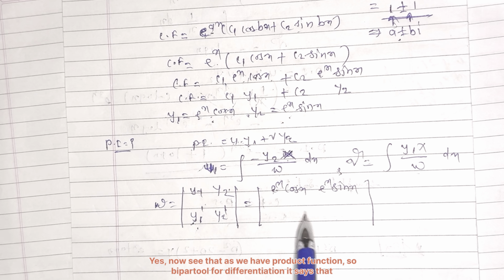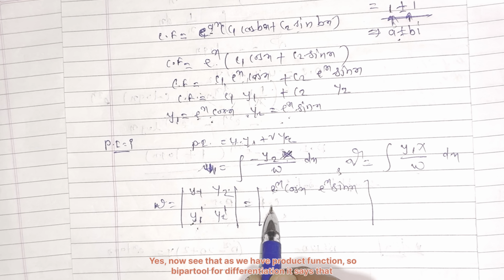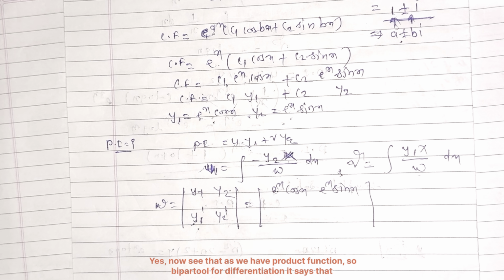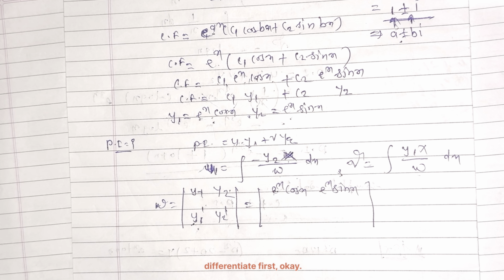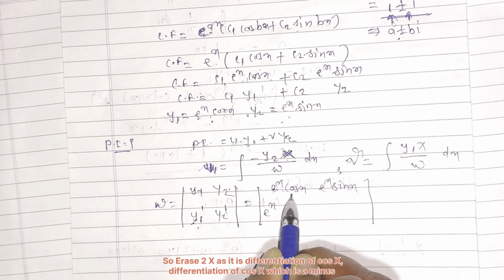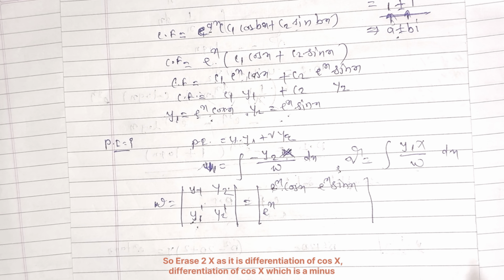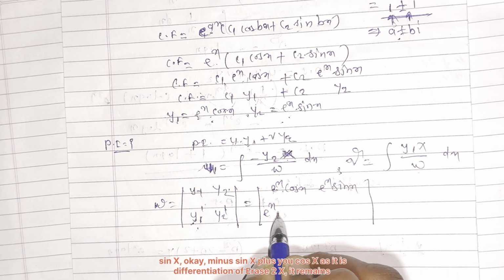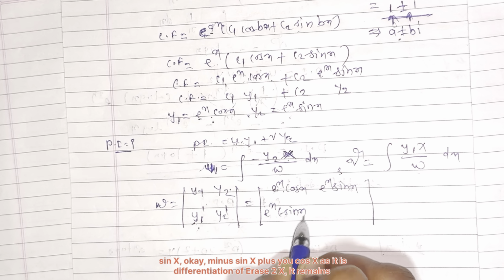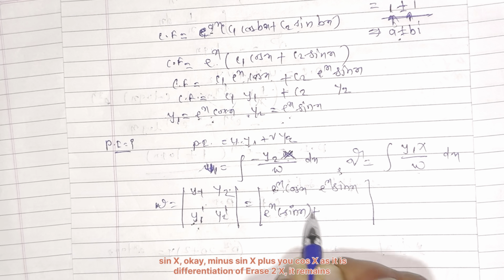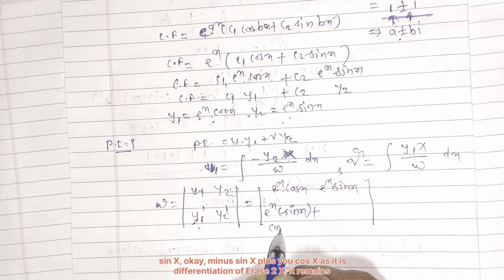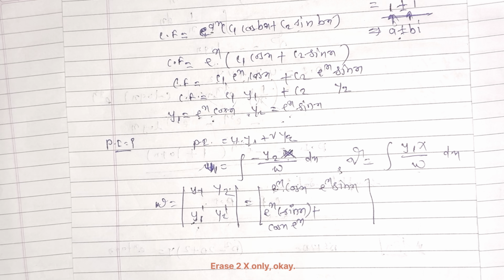As we have a product function, the by-part rule for differentiation says: keep the first function as it is, differentiate the second, plus keep the second function as it is, differentiate the first. So e raised to x as it is, differentiation of cos x which is minus sin x, plus cos x as it is, differentiation of e raised to x remains e raised to x only.